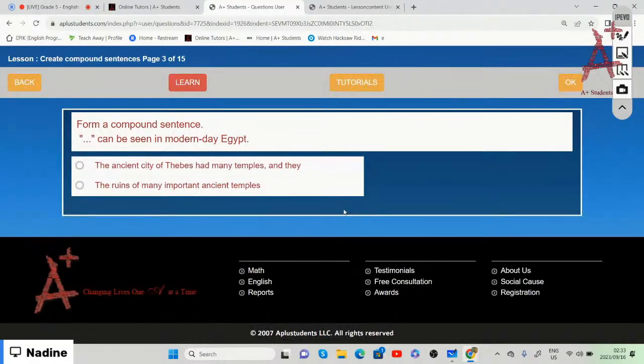So we need to form a compound sentence. What can be seen in modern day Egypt? The ancient city of Thebes had many temples and they can be seen in modern day Egypt, or the ruins of many important ancient temples can be seen in modern day Egypt.